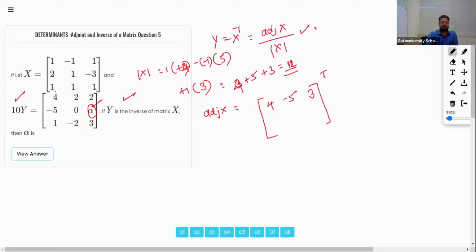Next, if you want to find the cofactor of this number, eliminate this row and this column. We end up with first column and second row, minus 1, which is minus 2. And what is the sign of this? This is second row, first column, so it will become minus of minus, plus 2, right?